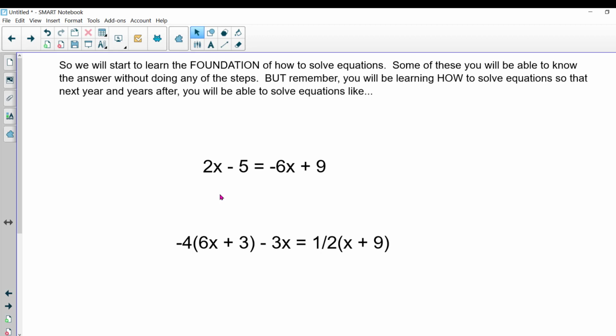It's learning how to solve the equations and the steps you need to take, because you're going to start using those very same steps to eventually solve equations that you see here, ones that you definitely cannot do in your head, right? So I encourage you to start learning and remembering that you're learning how to solve equations and the basic foundational steps so that later on, you're going to use those very same steps to solve equations like this.